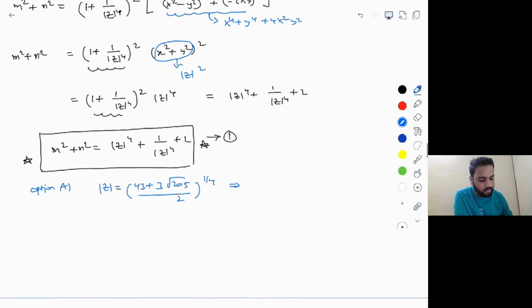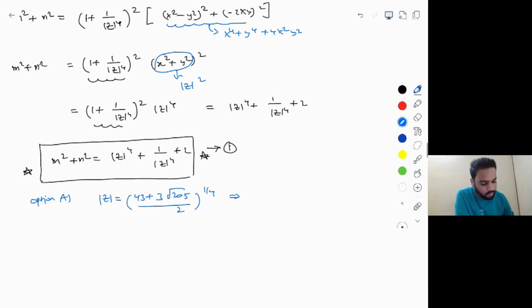Now from here, if I raise to the power of 4 on both sides, I will get mod z whole power 4 is equal to 43 plus 3 into square root of 205, whole divided by 2.